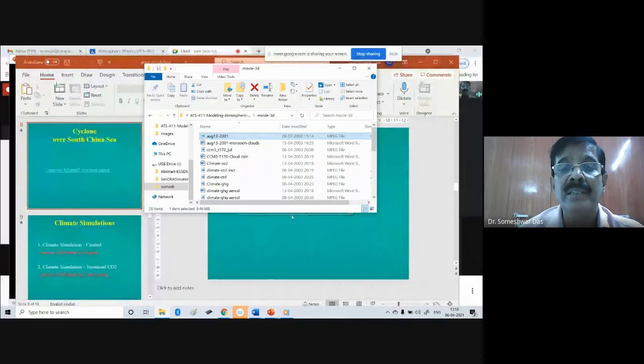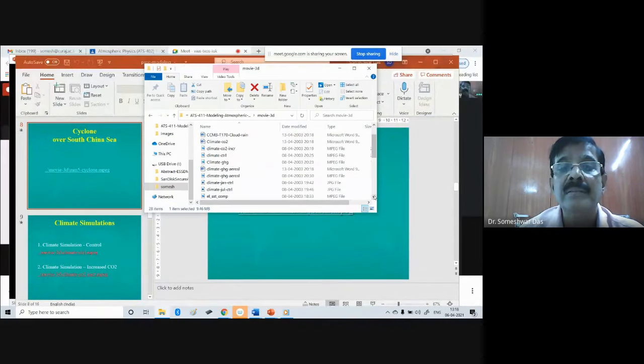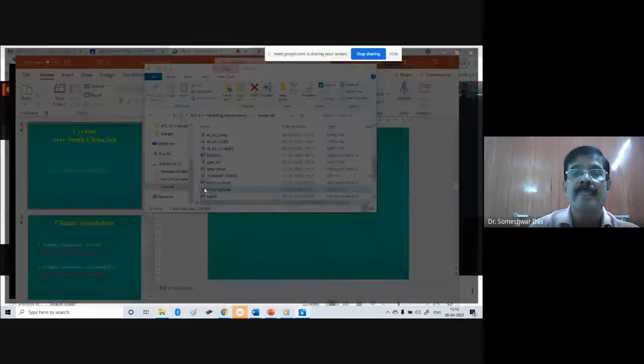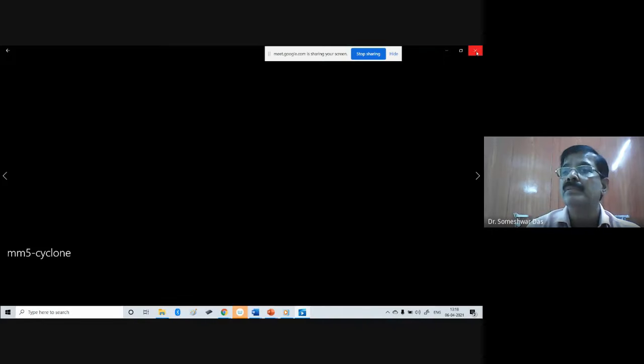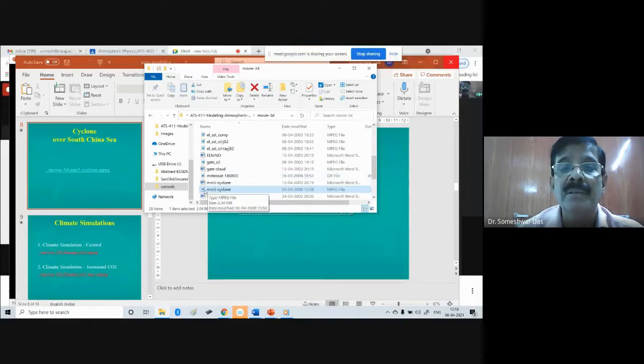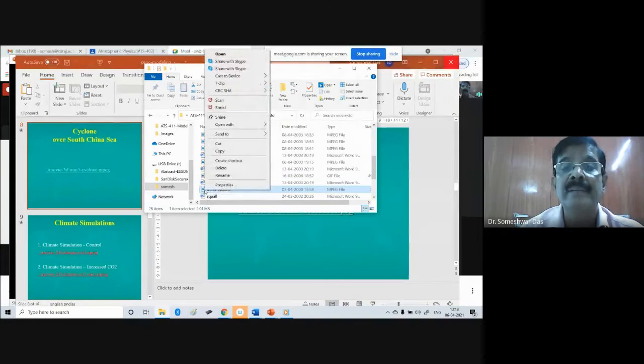Now let me search, because somehow it was not connected to the PowerPoint. Okay, MM5 cyclone. There is some problem in opening the format, so I have to open it in a different way.